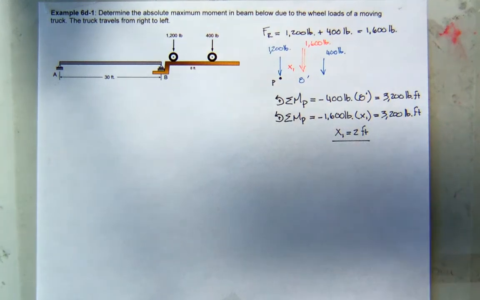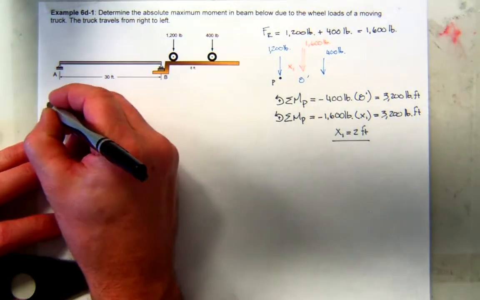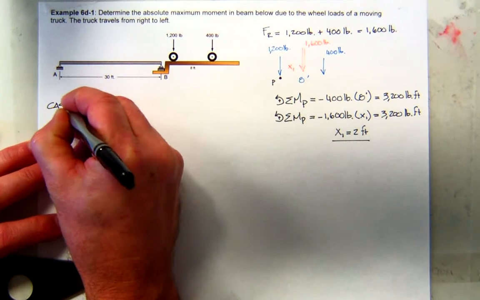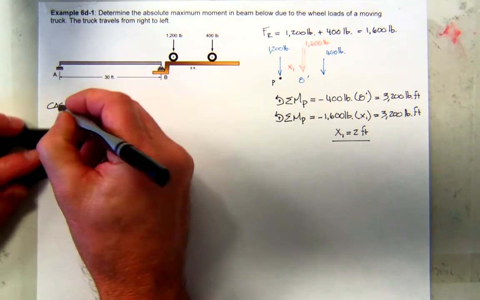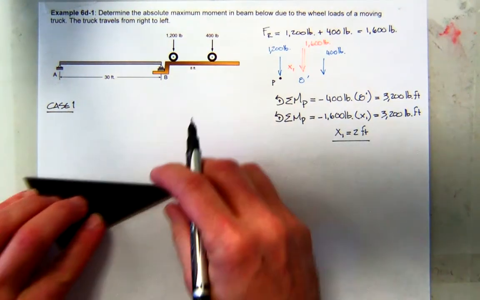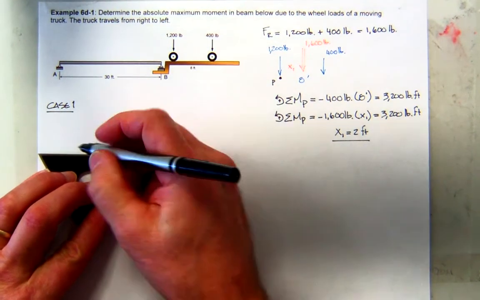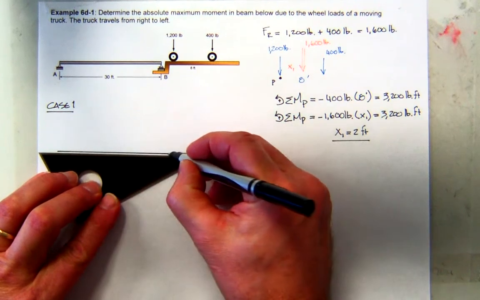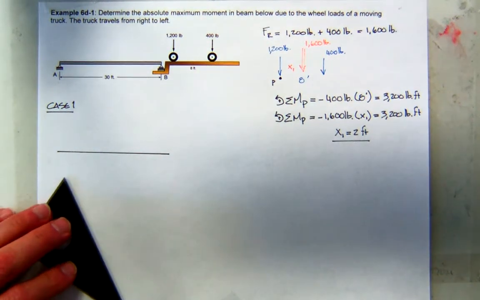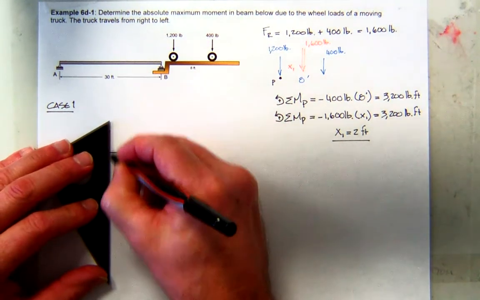So now we're going to apply it. Now, the absolute maximum moment, if we do case 1, would look something like this. So I'm going to draw the beam. It's 30 feet. I'm going to imagine a center line of the beam.